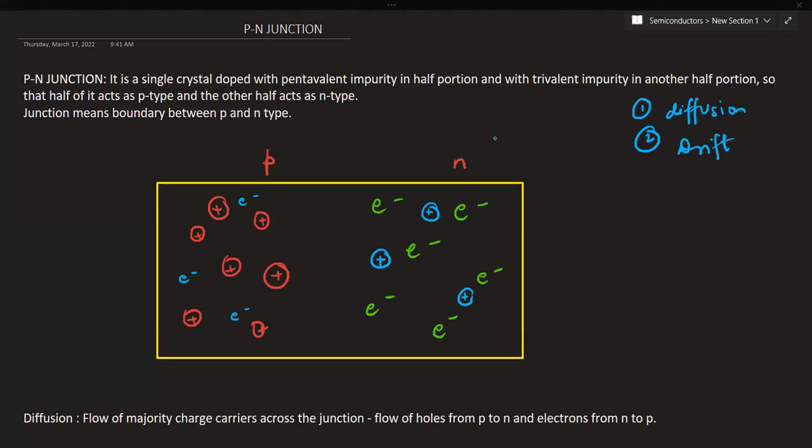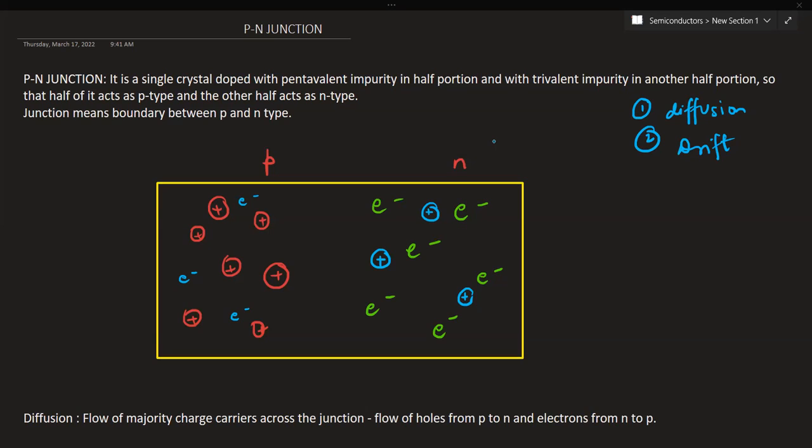So if holes are in majority in p-type, then where should the movement of holes occur? From p to n or n to p? P to n. So due to the concentration gradient at the junction, holes begin to diffuse from p side to n side.